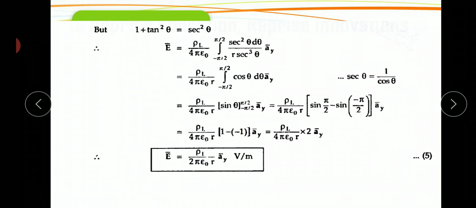So rho L by 4 pi epsilon naught r times 1 minus minus 1. Minus minus is plus, so that is 2. So rho L by 4 pi epsilon naught r into 2 a_y bar, by cancellation of 2 by 4 we get the final value of electric field intensity E bar equal to rho L by 2 pi epsilon naught R a_y bar, and the unit of electric field intensity is volt per meter.